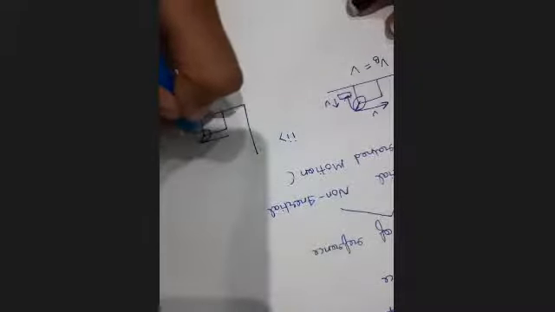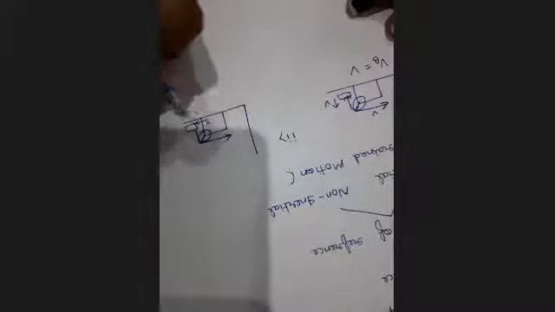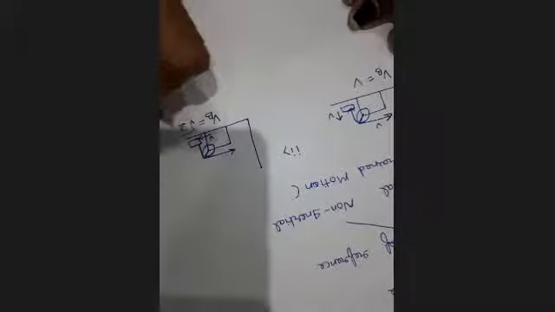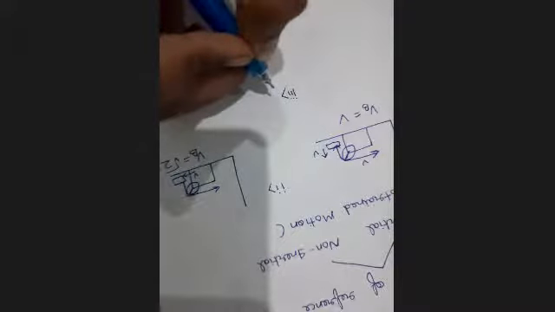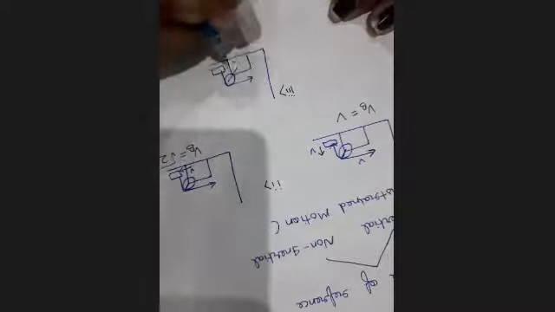In the second example, the block and the pulley, if velocity is acting towards this direction, then the equation will be VB, that means the velocity of the block will be root 2 V. And in the third case, if both move with velocity v, the block moves in this direction and the pulley in this direction.